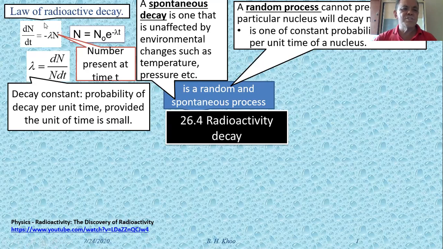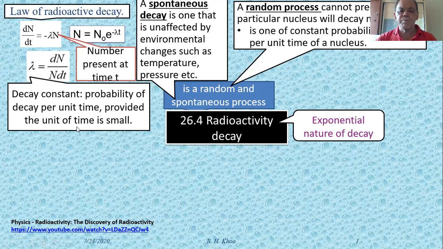So the solution to this differential equation is N equals N naught e to the minus lambda t. N is the number present at time t. N naught is the number present when you start the counting. And it's an exponential decay.